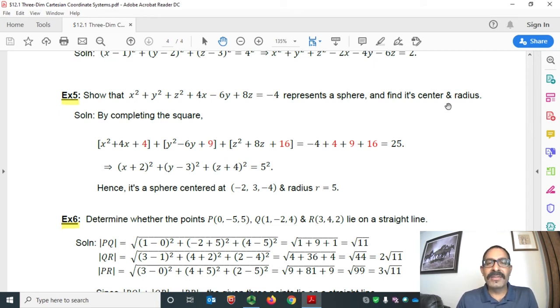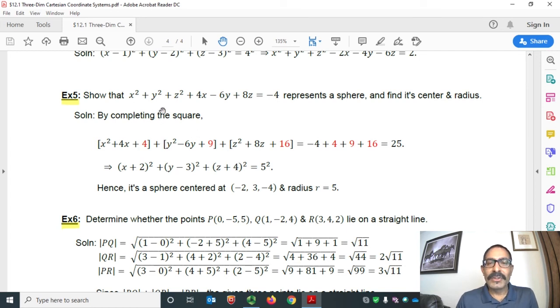So the idea is somehow I need to rewrite this equation in the standard equation of the sphere, which is (x minus h) squared plus (y minus k) squared plus (z minus l) squared equals r squared, where h, k, l is the center and r is the radius. Then we're done.